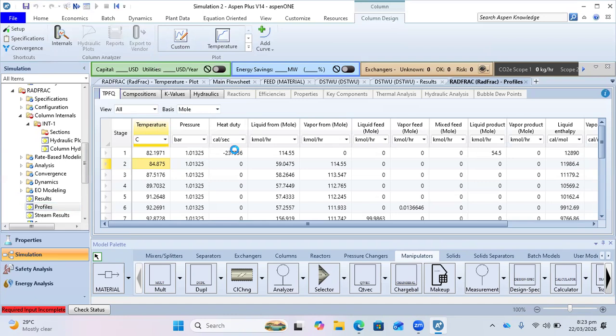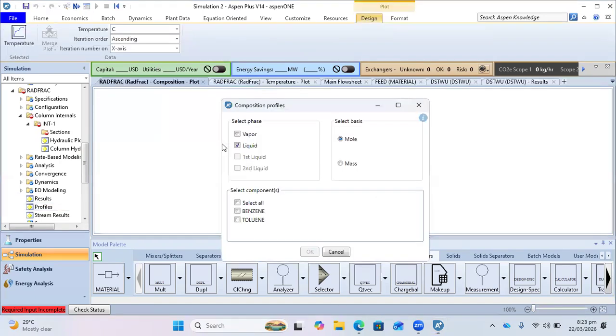Okay. And we can choose what phase we are interested in observing. If it's the liquid phase, we can choose that. If it's vapor, we can choose that. If it's both, we can check both of them.